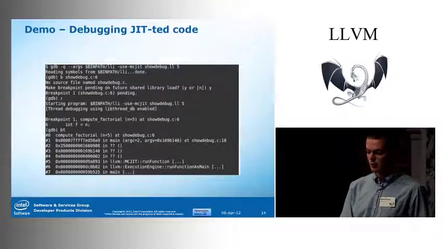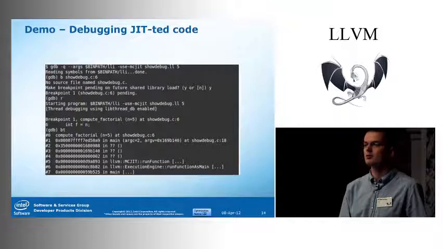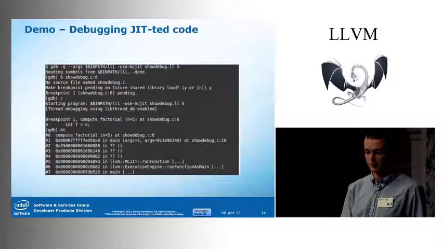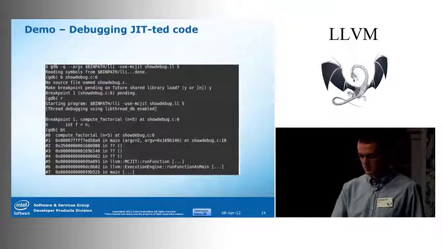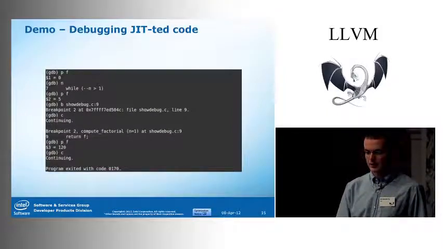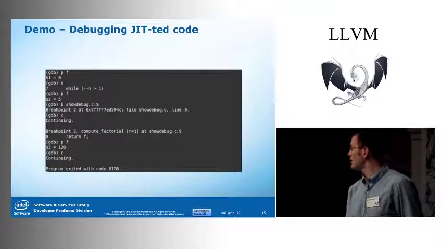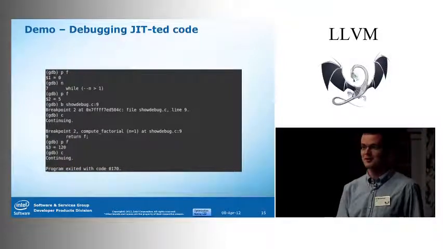When I run it, it actually stops there, and I can do anything I do in GDB. I can look at variables, look at the backtrace, and see the JITed function name with line, with parameter values. I can step a little, put a breakpoint in a different place, and exit. So there's a quiz here: why it returned 170.